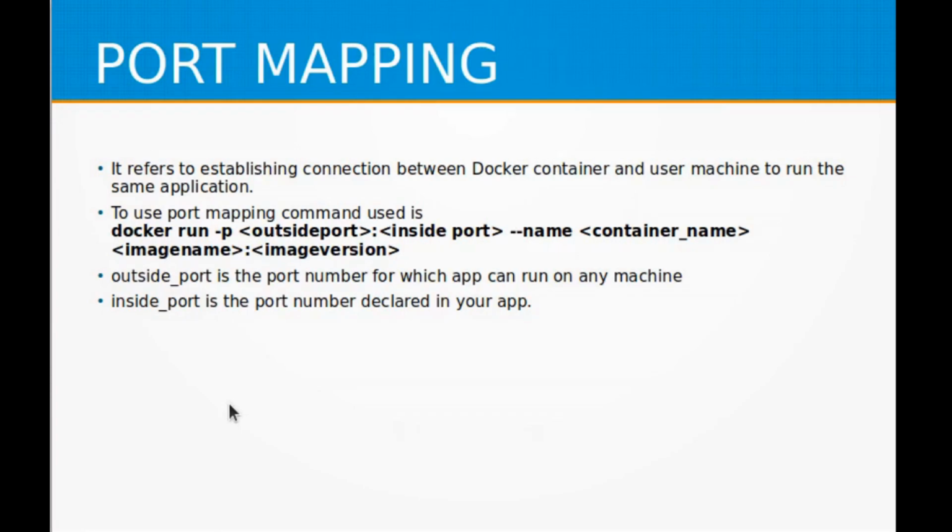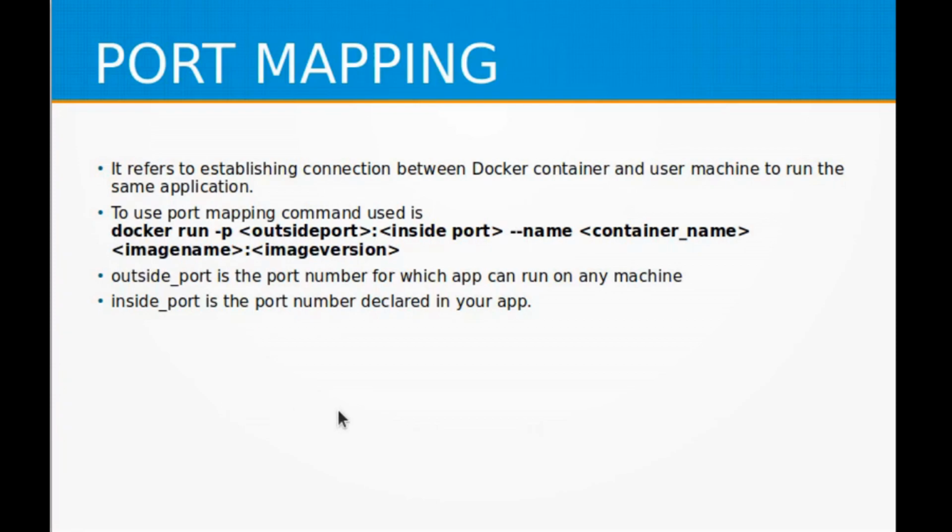So what do the outside port and inside port refer to? The outside port is the port number on which the app can run on any machine, and the inside port is the port number declared in your app.